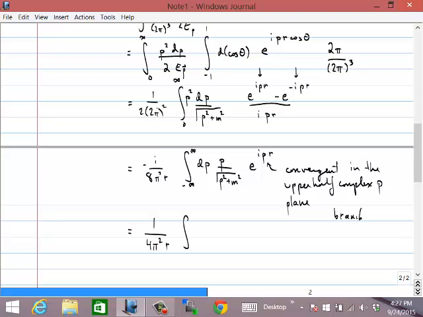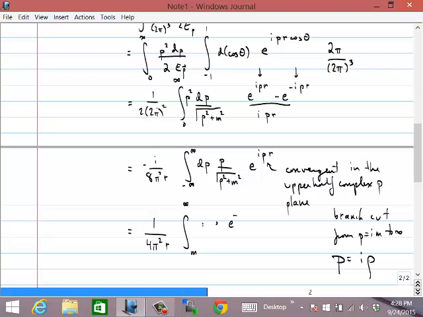So you have a branch cut from p equals im to infinity, and then you can integrate along that branch cut, and you get an integral from m to infinity. Everything's real, so let me write p as i rho.